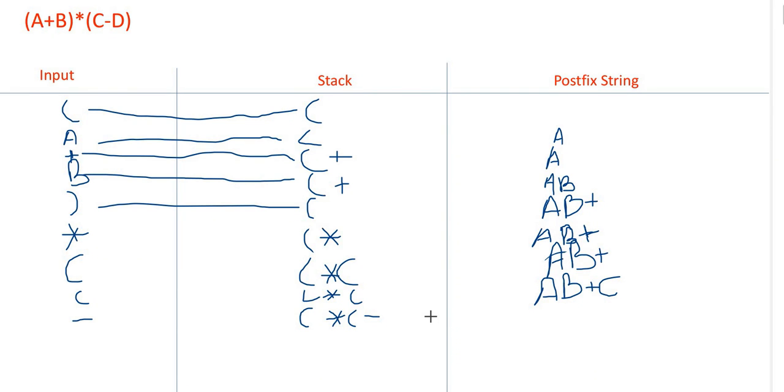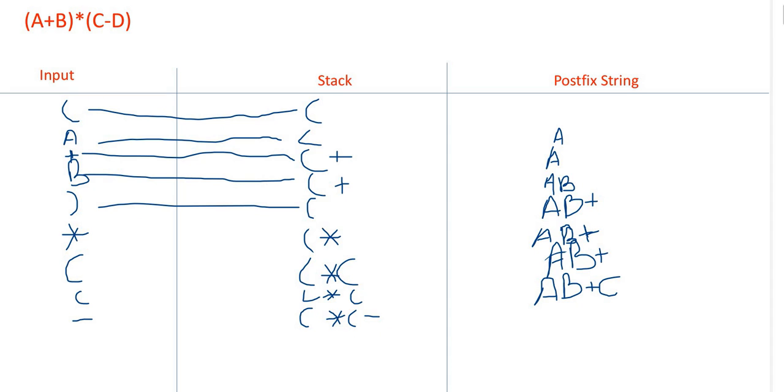If we have an opening parenthesis in the input, we have to ignore it and push it in the stack. But when we have other operators in the input, we compare them with the opening bracket. That's why I am comparing minus and the opening parenthesis.